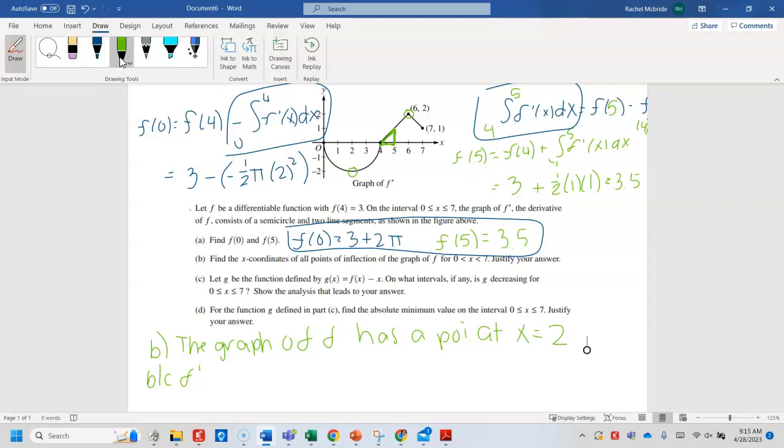You need to change concavity, which means it needs to go from increasing to decreasing, as well as containing that extrema. So you'd say that the graph of f has a point of inflection at x equals 2 because f prime changes from decreasing to increasing and f prime of 2 equals 0.